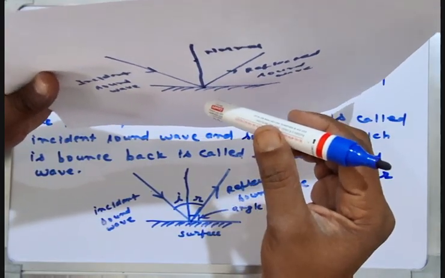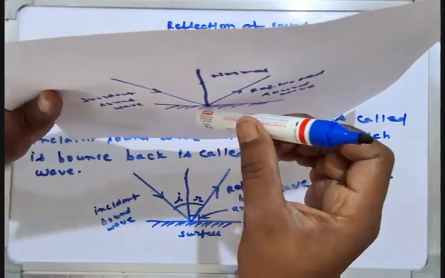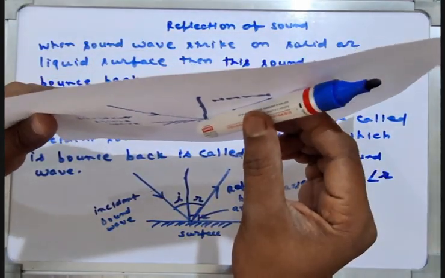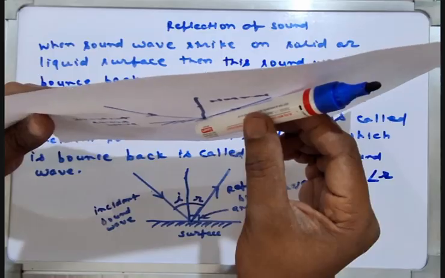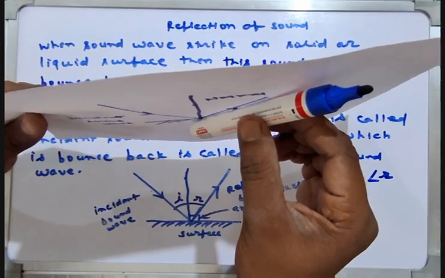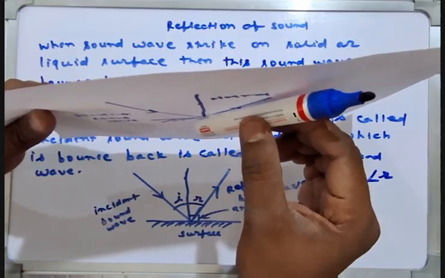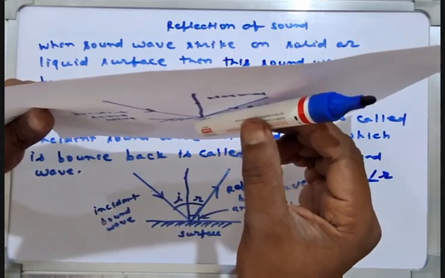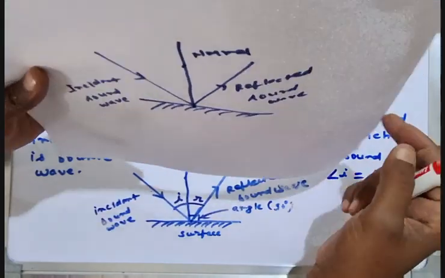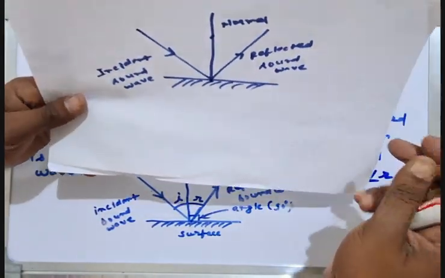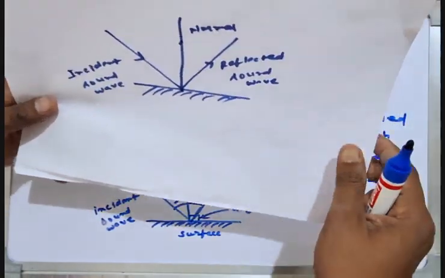So all in the same plane means this one must be like this one. Reflected sound wave also lies on the plain paper, so then we say all these three are in the same plane.